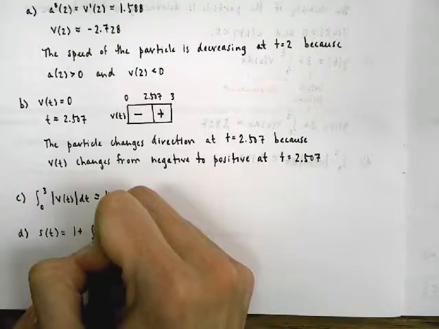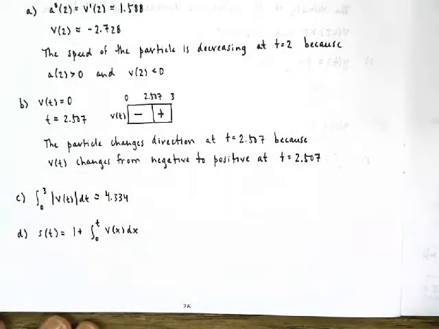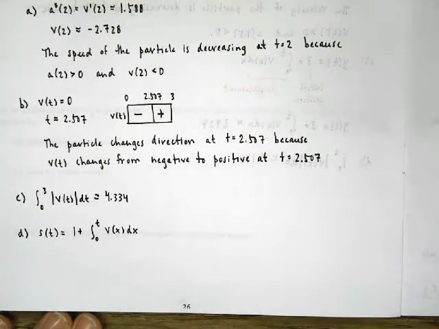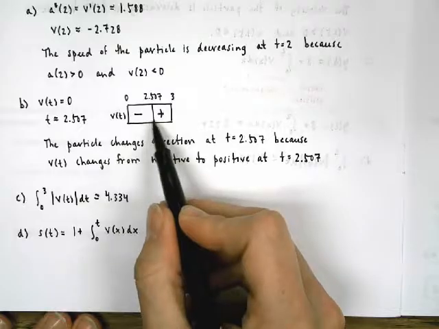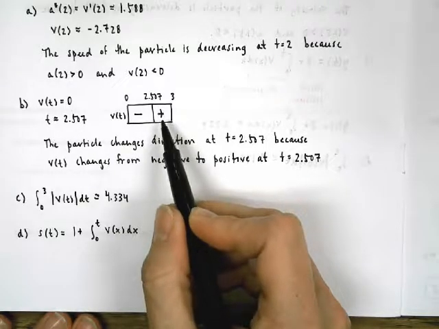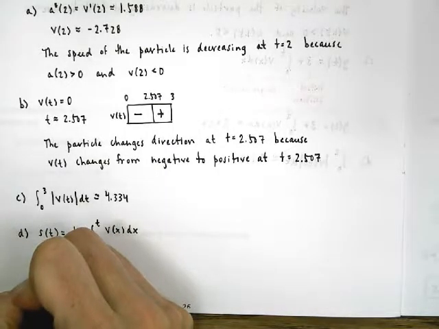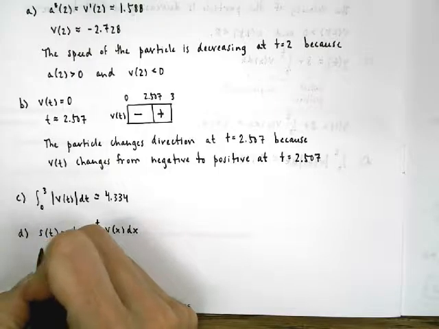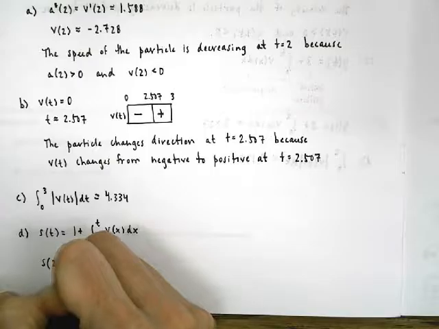So plus the integral from 0 to t of our velocity function. So that's going to give us the position at any time t. So I know I'm traveling to the left on my first interval, and then I start traveling to the right. So I want to see at what point am I furthest from the origin. So let's go ahead. We know where we are at s of 0. That's at 1. Let's calculate s of 2.507.